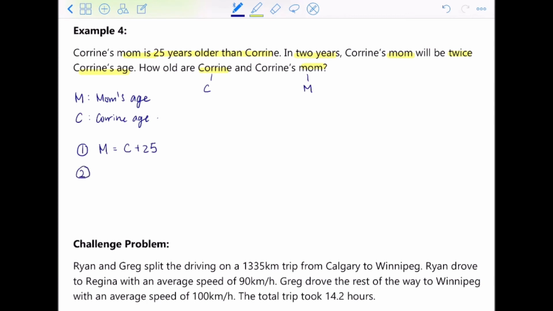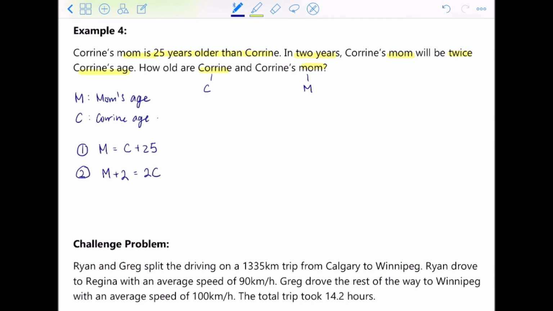Second equation would be in 2 years, Corinne's mom will be twice Corinne's age. So basically, in 2 years, that means you're adding 2 to their current age. And we know that mom's age is double Corinne's age in 2 years.